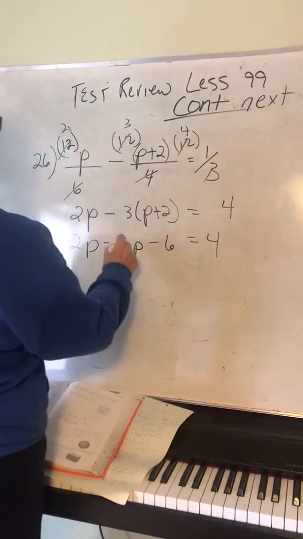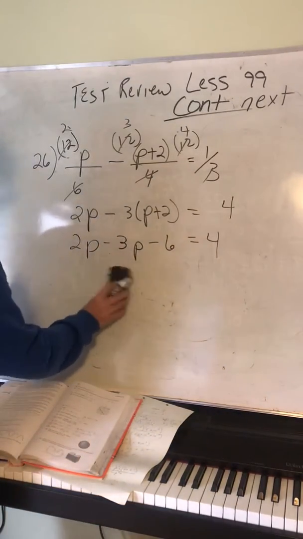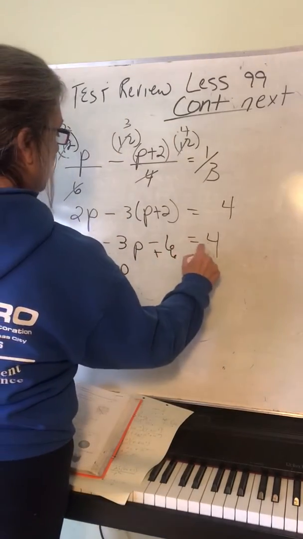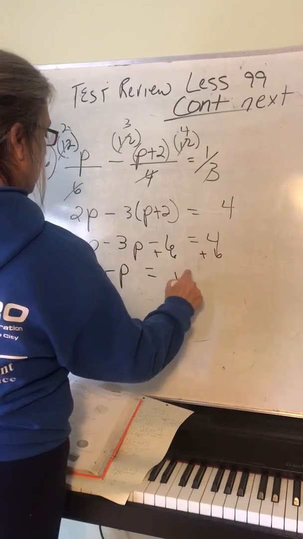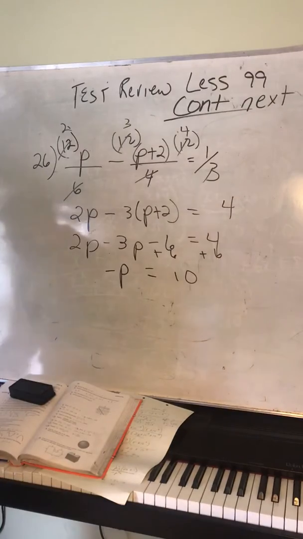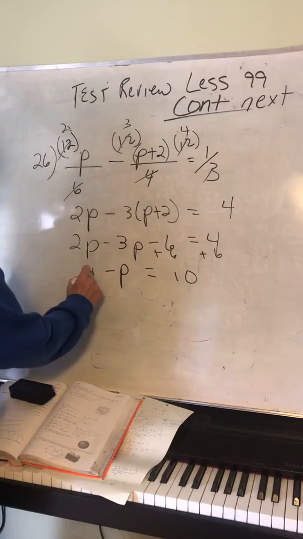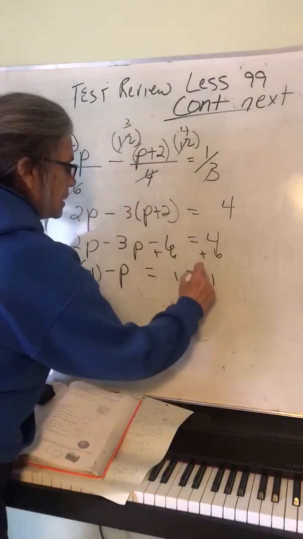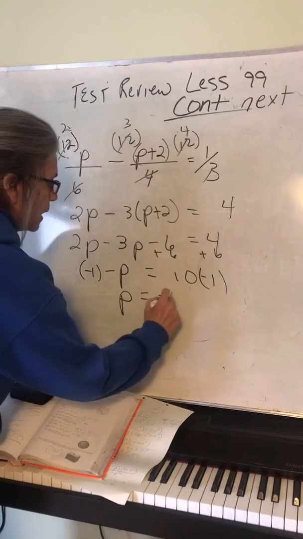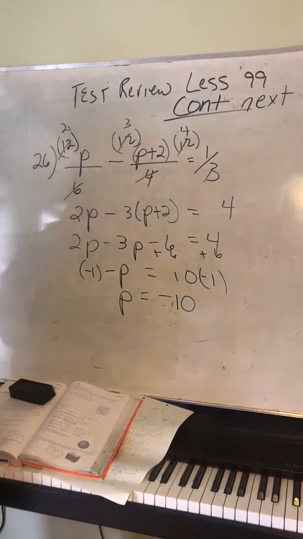Equals 4, and we end up with... no, not 5p. We end up with a negative p, and then we're going to plus 6 here equals 10, but then we don't want our p to be negative, so we have to multiply by a -1 to both sides. We don't want the unknowns ever to be negative. P equals then -10. And that is the answer to number 26.